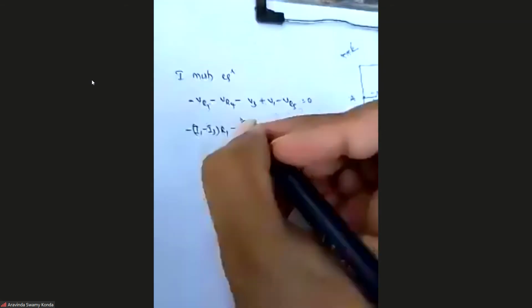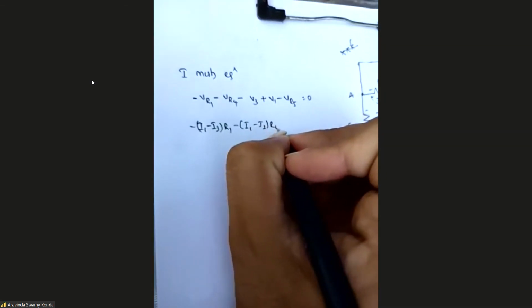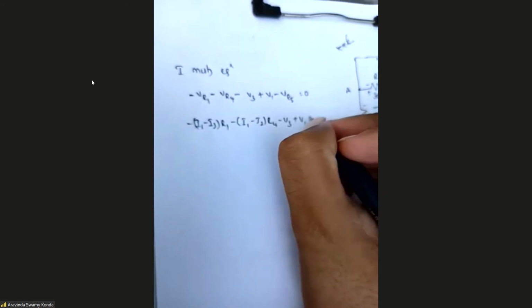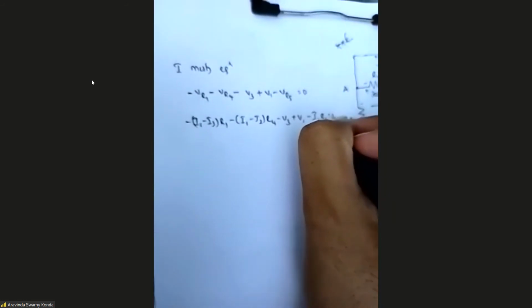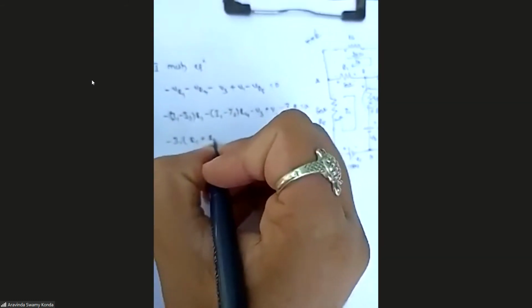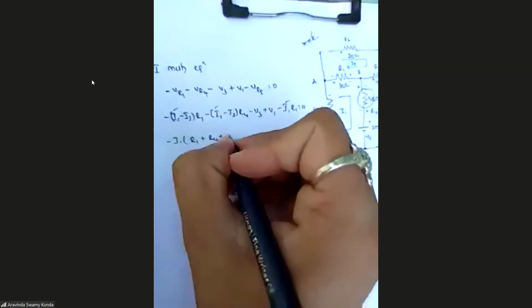Next, minus VR4, that is (I1 minus I2) into R4, minus V3 plus V1, minus (I1 minus I3) R1 equal to 0. So take I1 as common. In each and every term you have a minus, so I am taking minus I1 common: R1 plus R4.